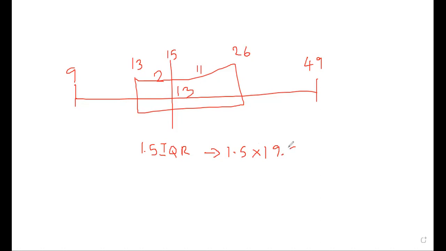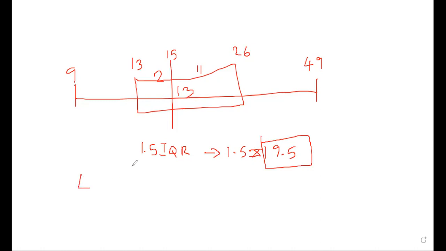If we multiply 1.5 by the interquartile range, we get what we call a correction term, 19.5. This 19.5, we subtract from the lower quartile and we add to the upper quartile. So let's first subtract: 13 minus 19.5, what are we getting?